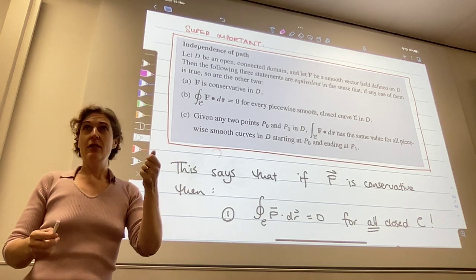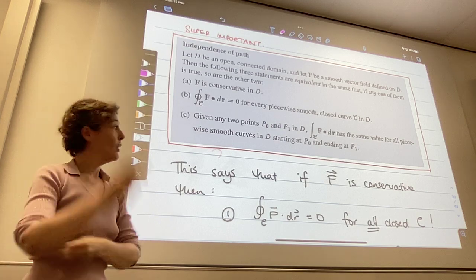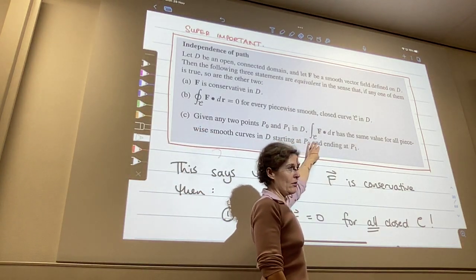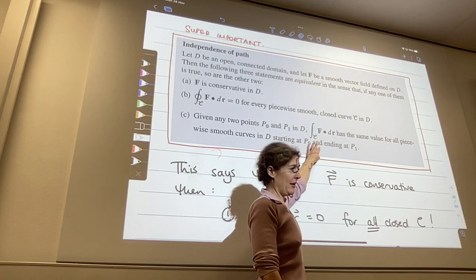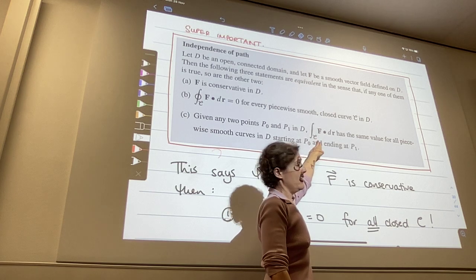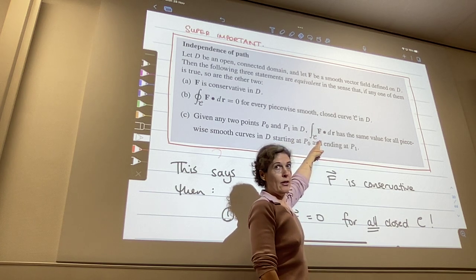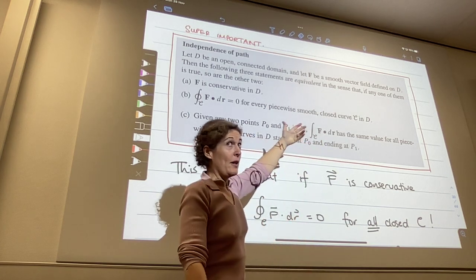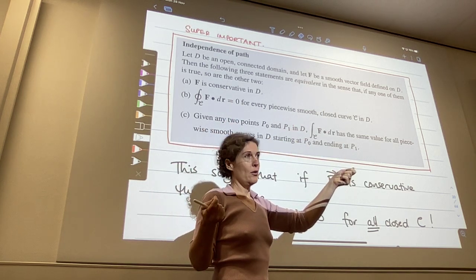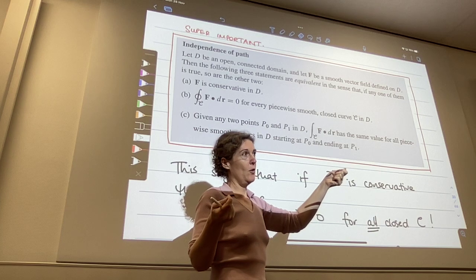So often what is useful to do is, someone will say, please calculate this line integral. And you'll look at it and think, I really think that looks hideous. Let me check if the thing that I'm integrating is conservative. Once you've found that it is conservative, then you just change the path to something more straightforward.